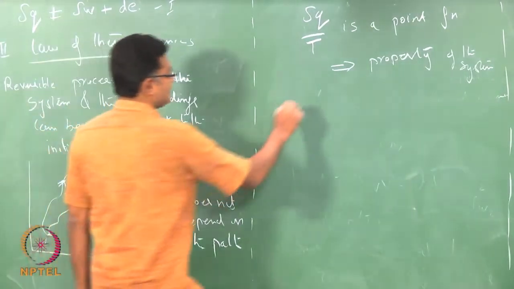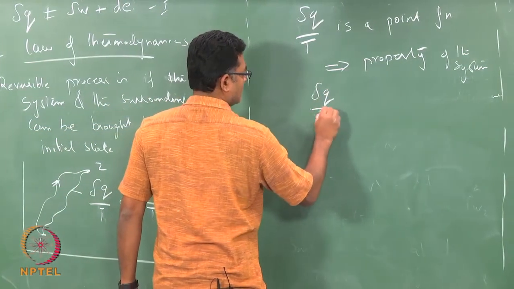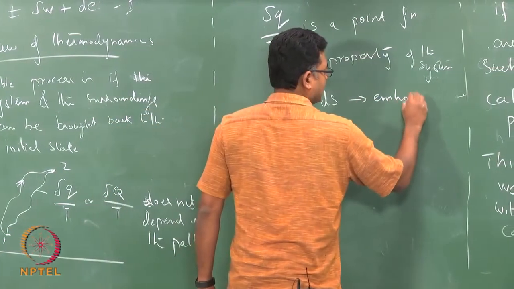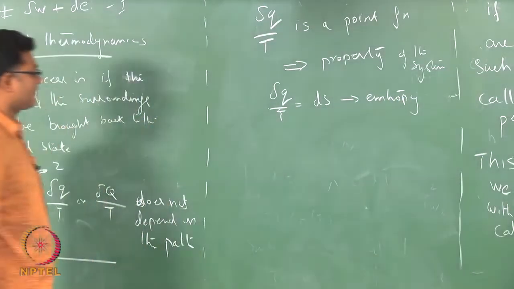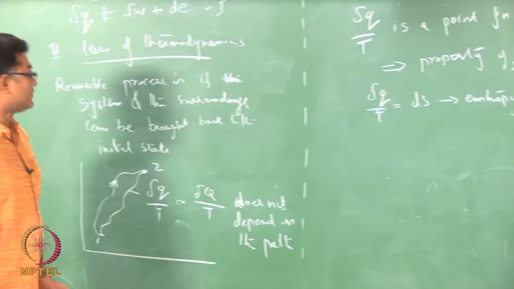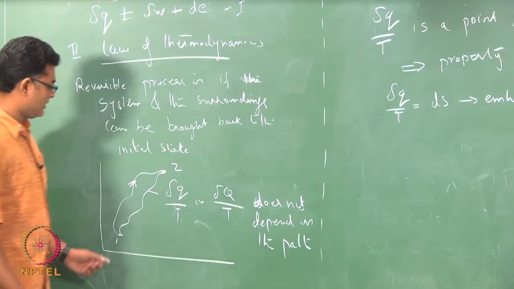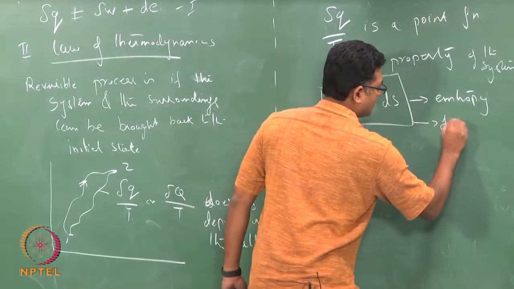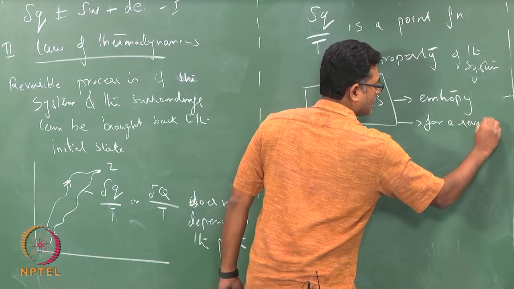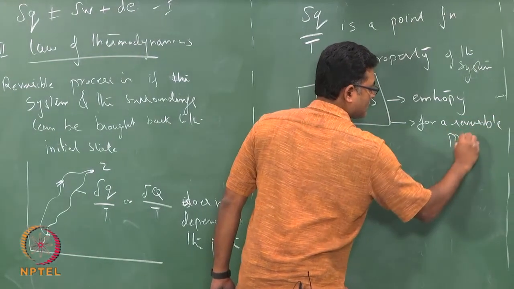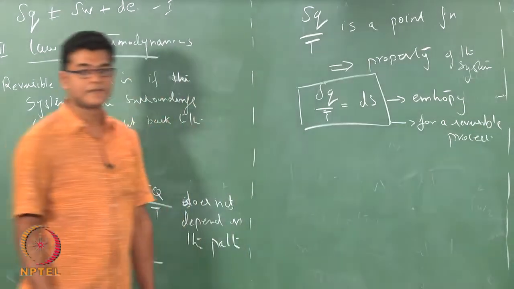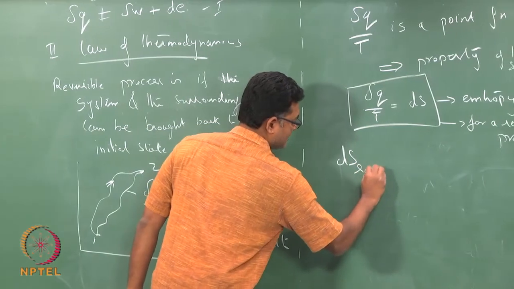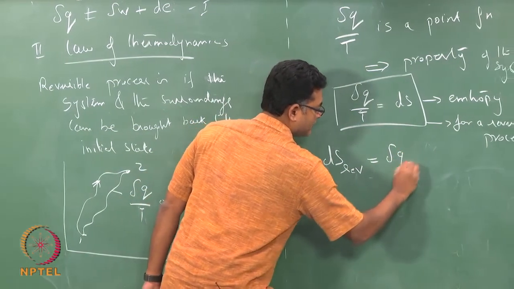This is defined as your entropy. So for a reversible process, your dS reversible is dq by T.